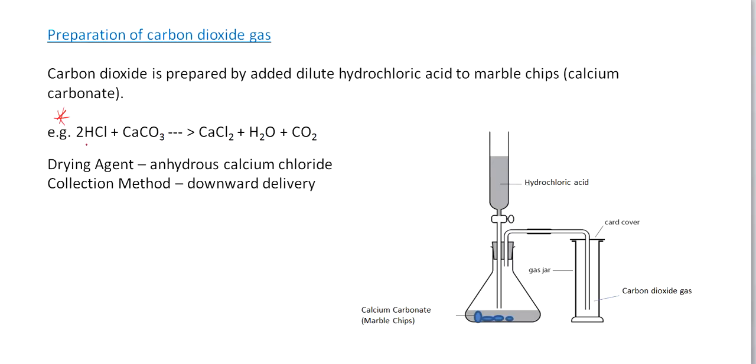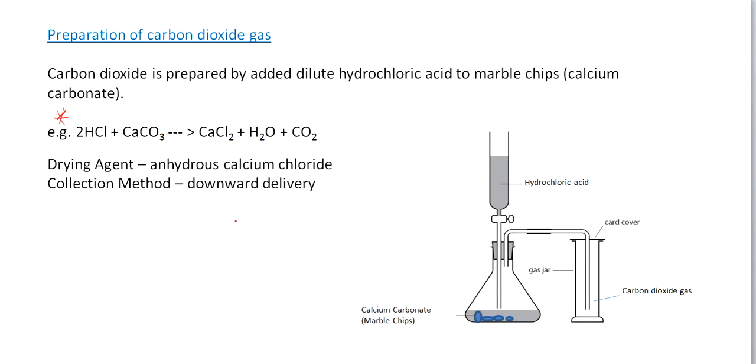If you remember from the acid base video, an acid plus a carbonate produces a salt, water, and carbon dioxide, right? And carbon dioxide is denser than air, so the collection method here is downward delivery, right?